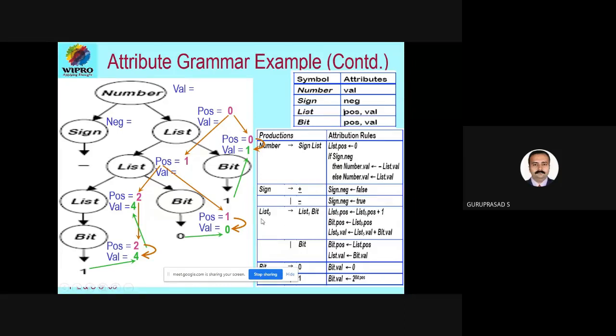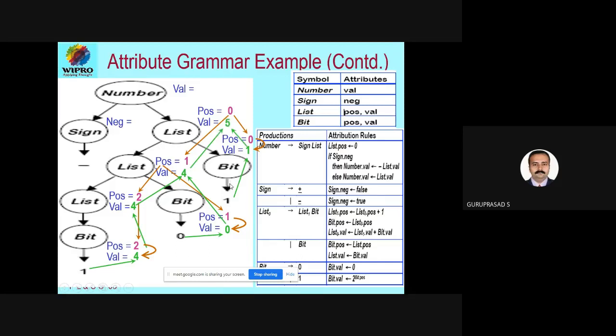According to the semantic rule, when list is producing bit, list dot val is equal to bit dot val. Observe the semantic rule. Similarly, you can see here list is producing list bit. For that reason, list 0 dot val is equal to list 1 dot val plus bit dot val. List 1 dot val is 4 plus 0. So because of this, we got a 4 here.